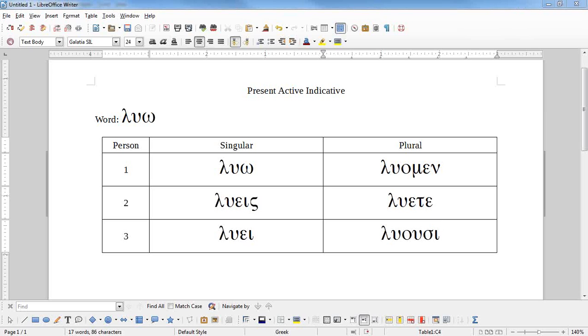Go ahead, Tony. How are we going to be able to distinguish between the verbs and the nouns, in regards to vocabulary? Basically the best way is to recognize these endings, because these endings are very unique to verbs.